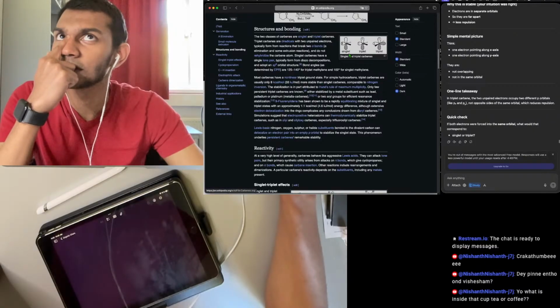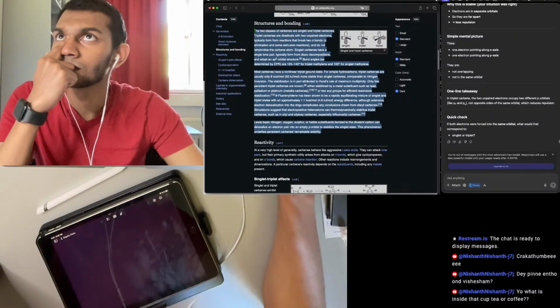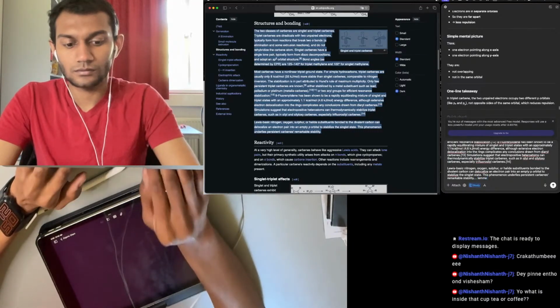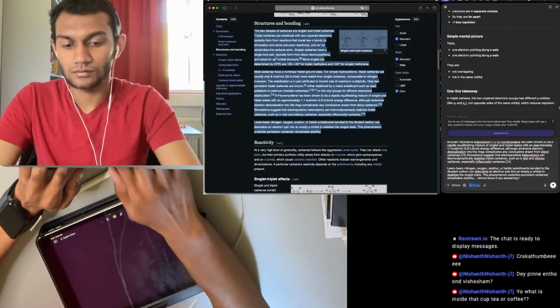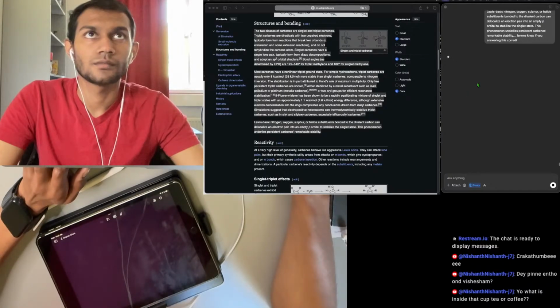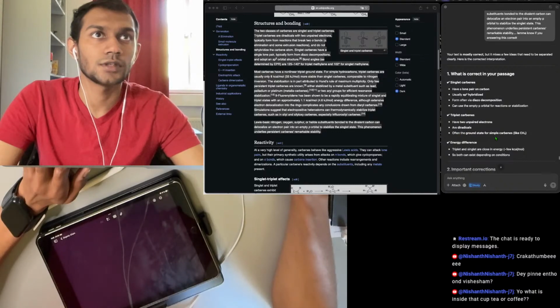Triplet is more stable than singlet. Diradicals, often ground state for simple carbenes.